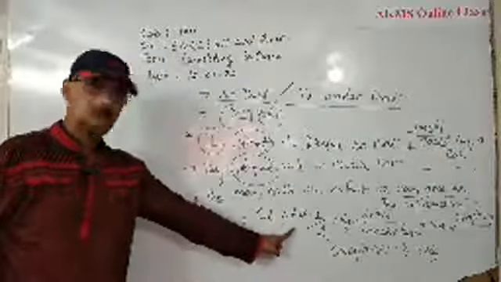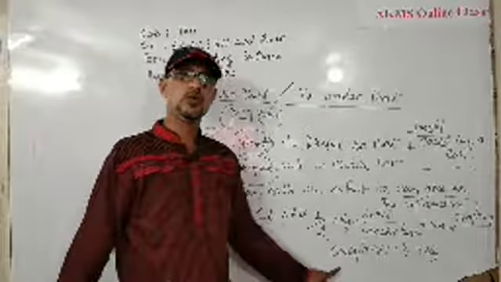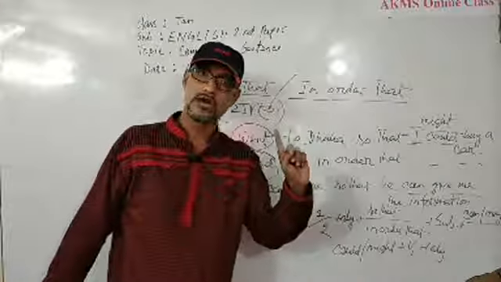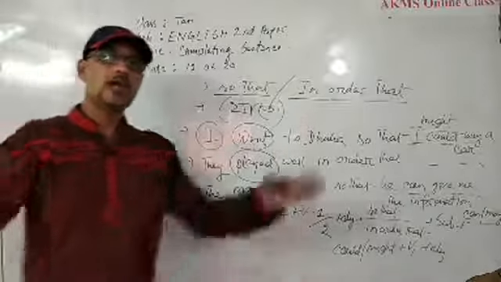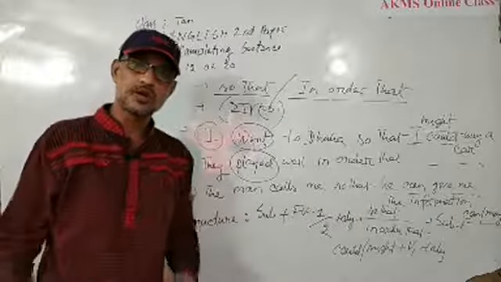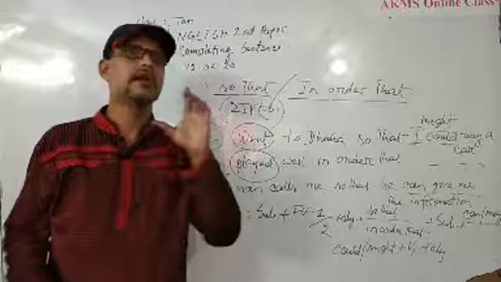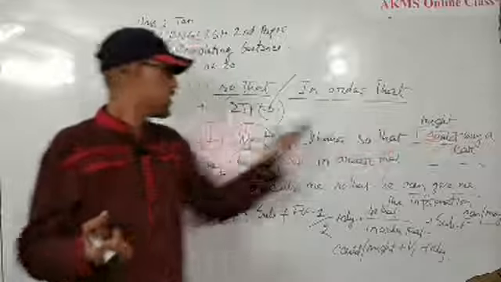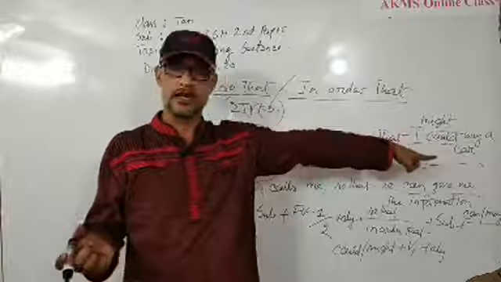If the first verb is in past tense, then you will use could or might and verb 1. Okay? So that or in order that will combine two clauses that express aim or objective in the second clause. The aim of the first action will be expressed in the second clause.